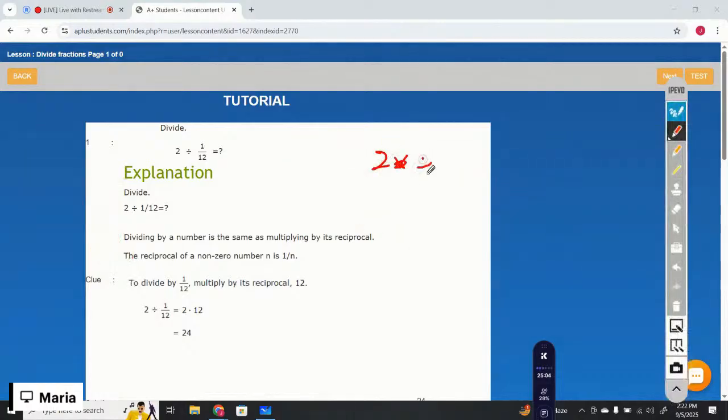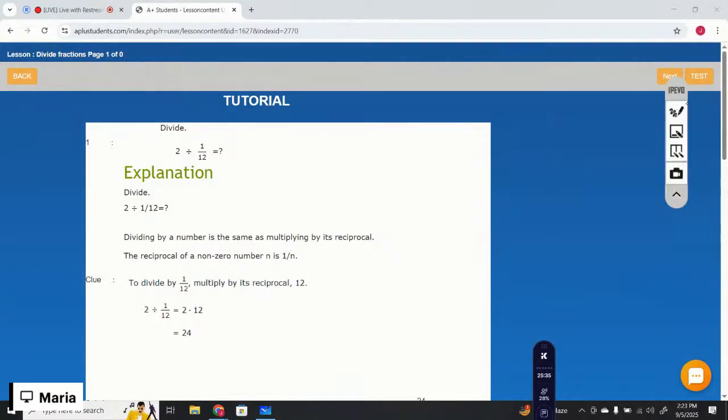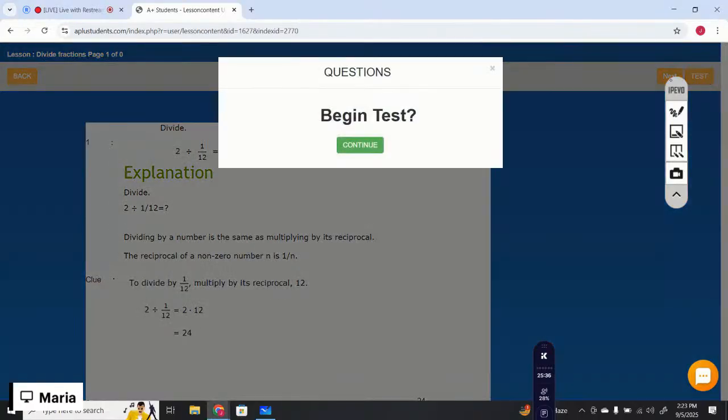And take the reciprocal of the term after that, which will be 12 over 1. 12 times 2 is 24 and 1 times 1 is 1, so that is 24. Let's just start with the test questions.